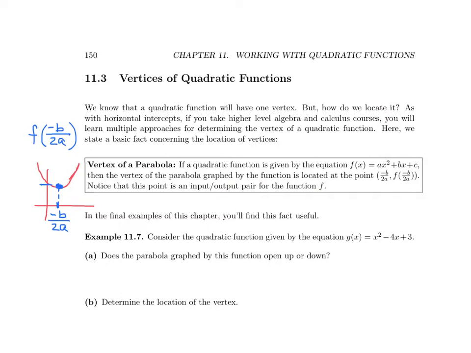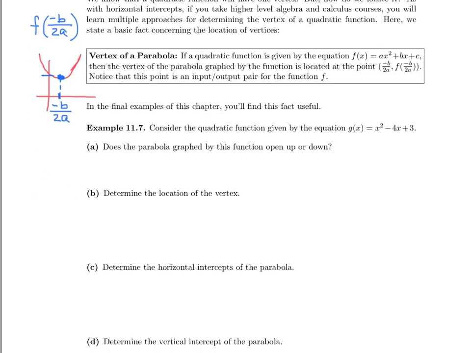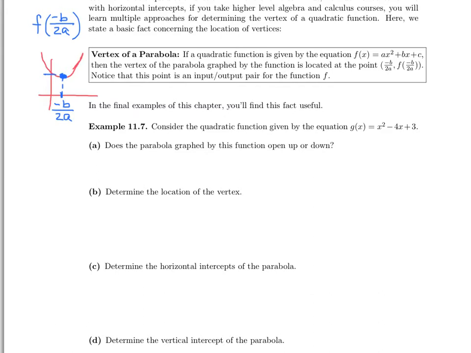This fact will be useful in the following two examples. So in this next example, we're going to pull together all of the big ideas we've talked about in graphing quadratic functions. Example 11.7.